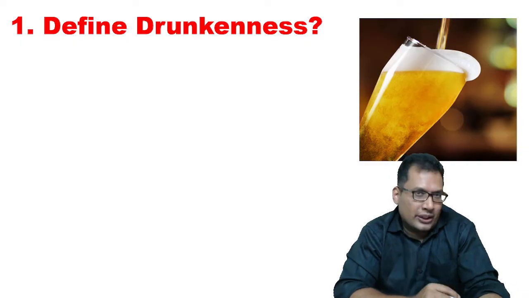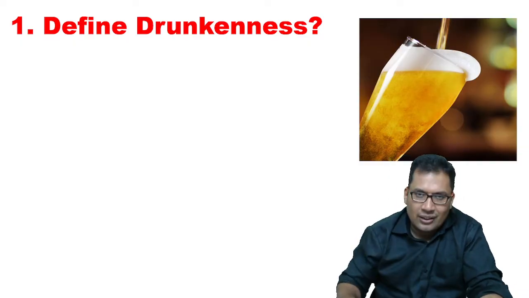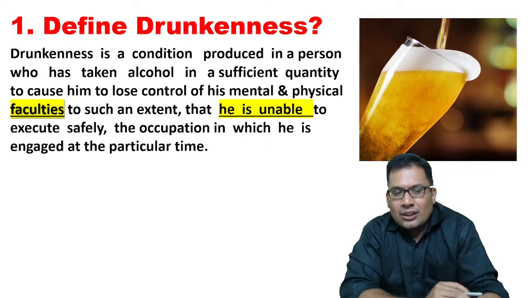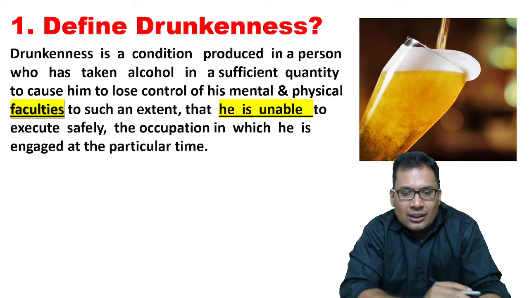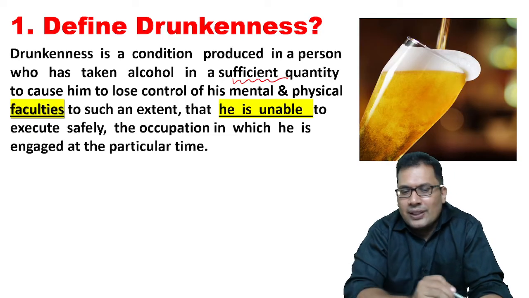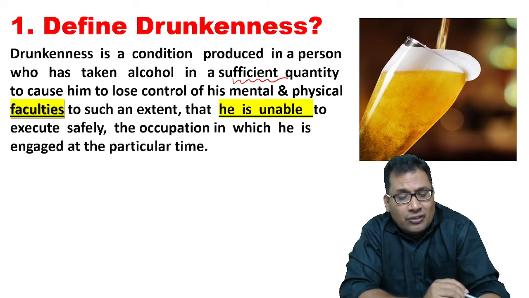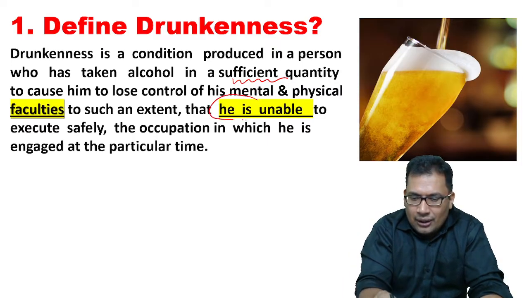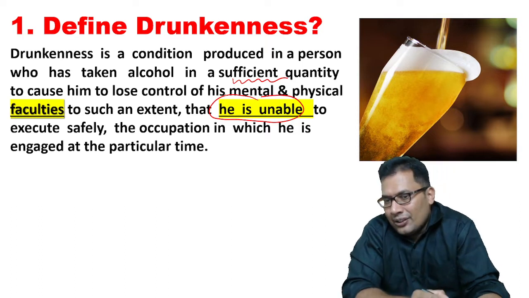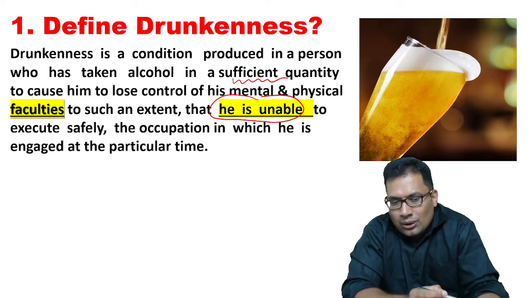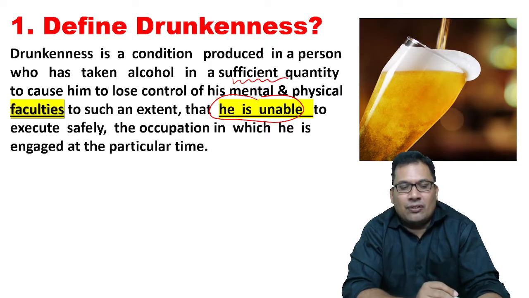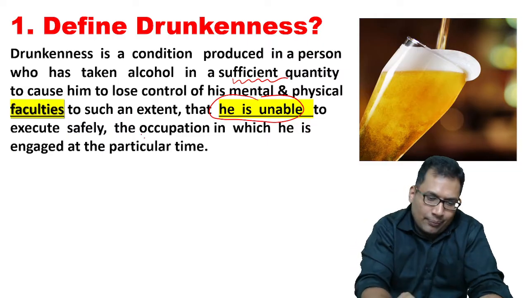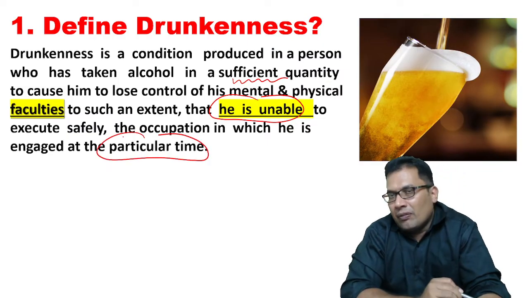According to the standard textbook, drunkenness is a clinical condition produced in a person who has taken alcohol in a sufficient quantity to cause him to lose control of his mental and physical faculties to such an extent that he is unable, and this word is important, if he is able it means it's not drunkenness, unable to do or execute safely the occupation in which he is engaged at that particular time. This is the definition of drunkenness.